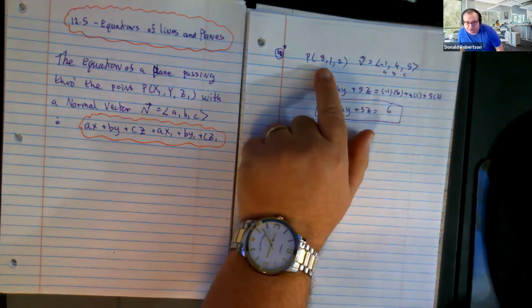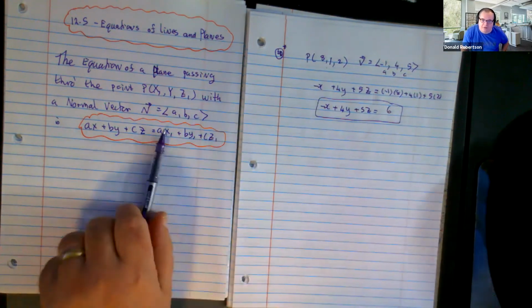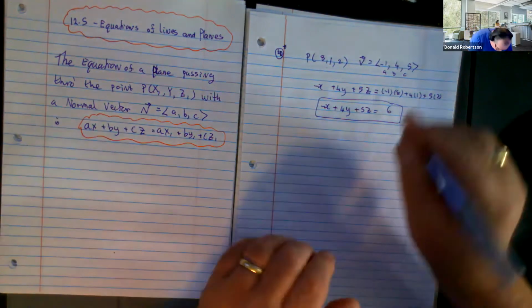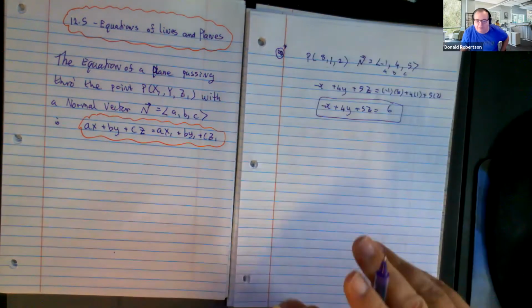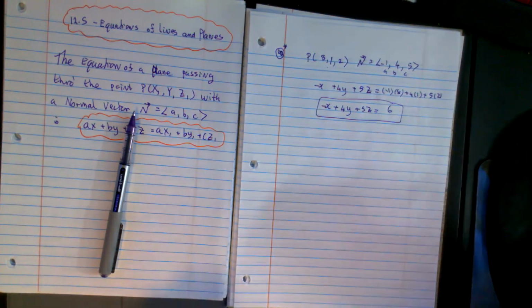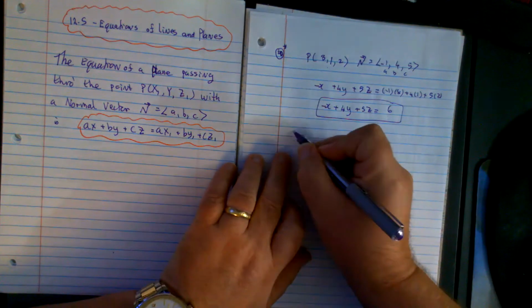Now that would be the simplest possible way that you could be given information to find the equation of a plane. Just tell me the point and tell me the normal vector, right? And I apologize, normal vector, there we go. But they might tell you this.